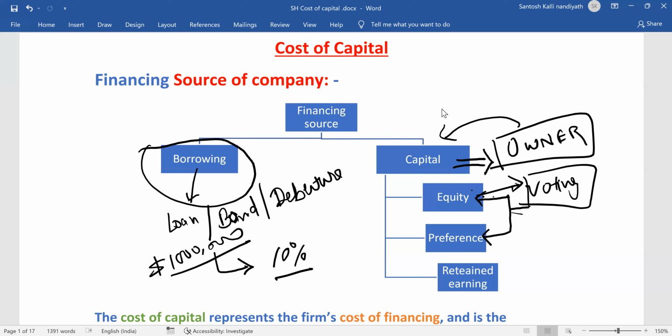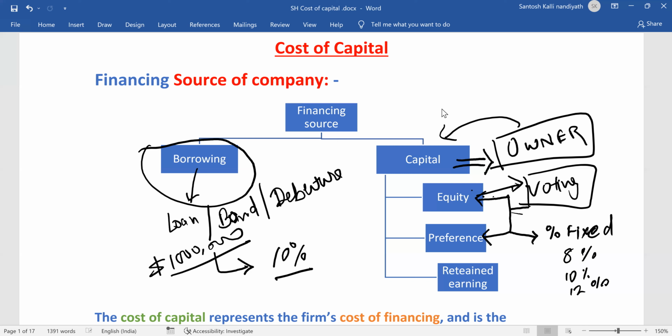The preference shareholder is also a shareholder, but here they get a fixed percentage of dividend. Fixed means it is always fixed, like 8%, 10% or 12% dividend.